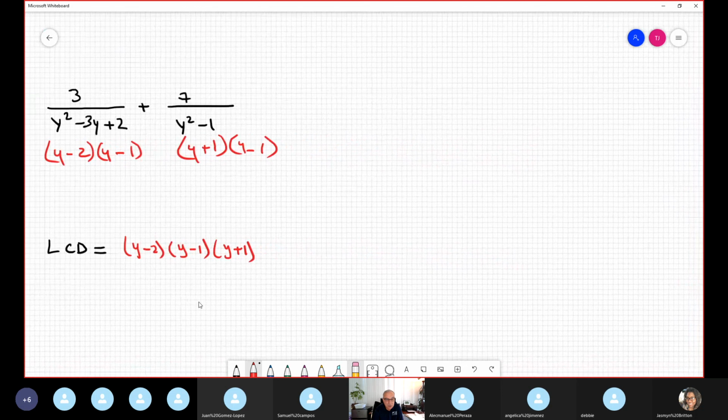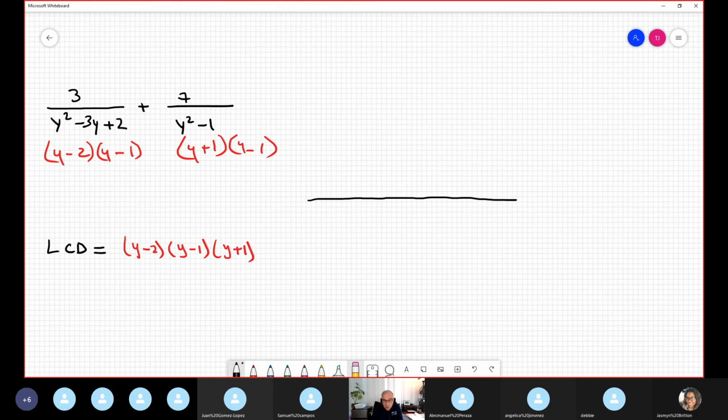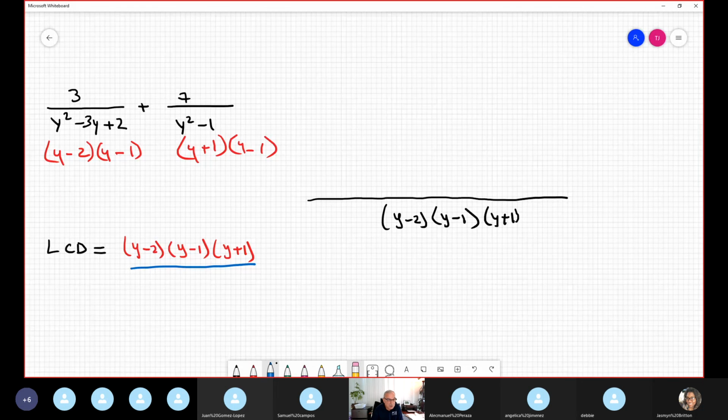Okay, now I'm condensing everything in only one big fraction, in which I put the LCD on the bottom. And when you divide the LCD by the first denominator, it's obvious that y minus 2 is cancelled, and y minus 1 is cancelled, and it stays 3 times y plus 1.